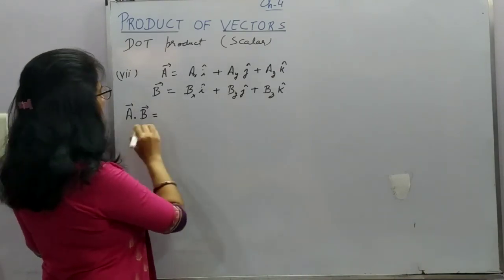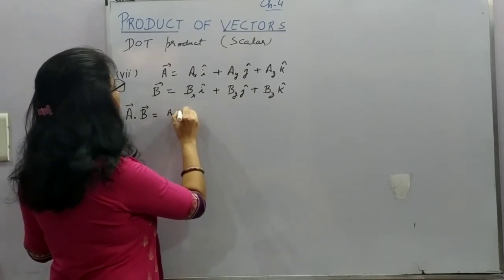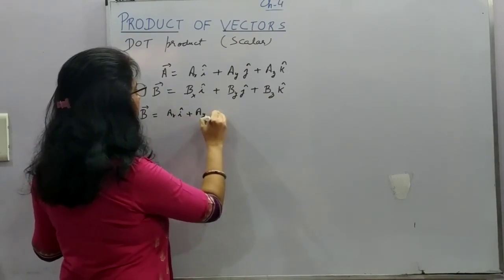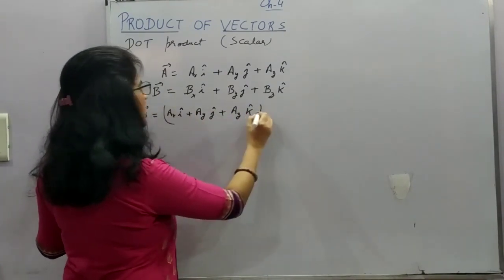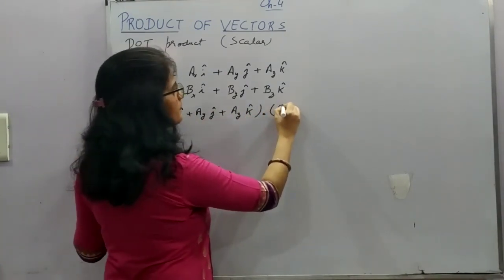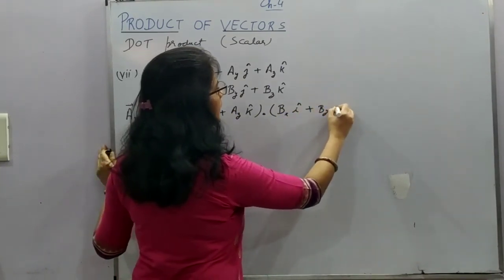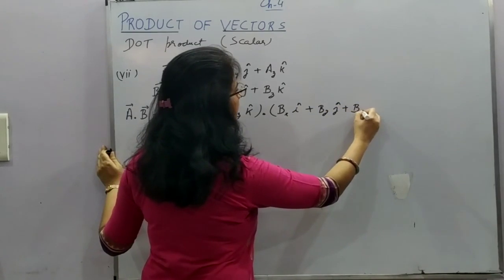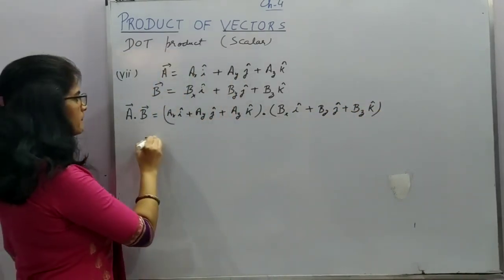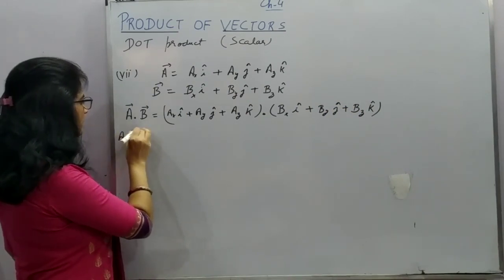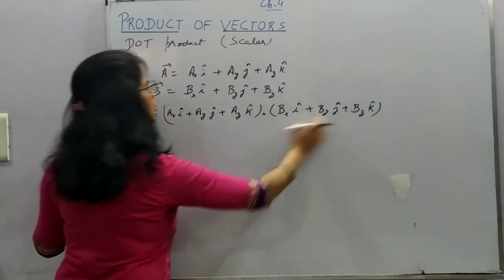So I'll simply write how I will take the product. I'll write down this Ax i cap plus Ay j cap plus Az k cap. Right? So I'm taking the dot with this, Bx i cap plus By j cap plus Bz k cap. I'm just multiplying this and I'll see what the result will be. So I'm simply multiplying the whole quantity by this.